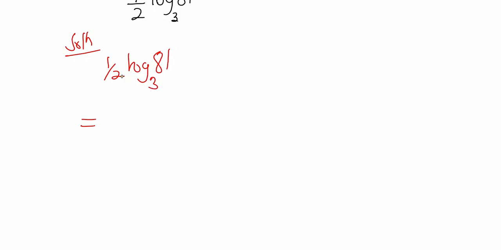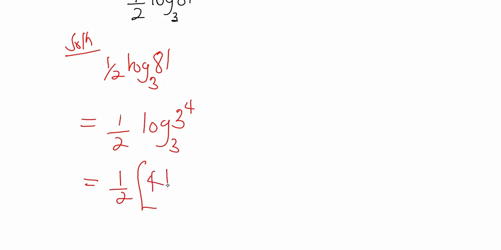In the same way, we can also maintain the half here and express 81 as powers of 3. Now we maintain the half here and we have our logarithm of 81, which can be expressed as 3 exponent 4, to the base 3. Now we have half, and then this 4 can be written as a coefficient to the logarithm, that is 4 log 3 base 3.